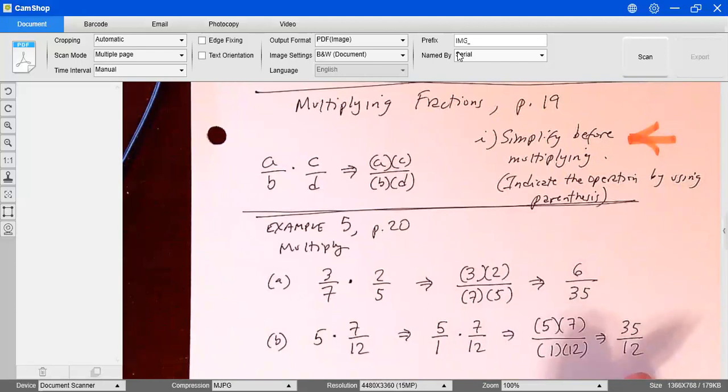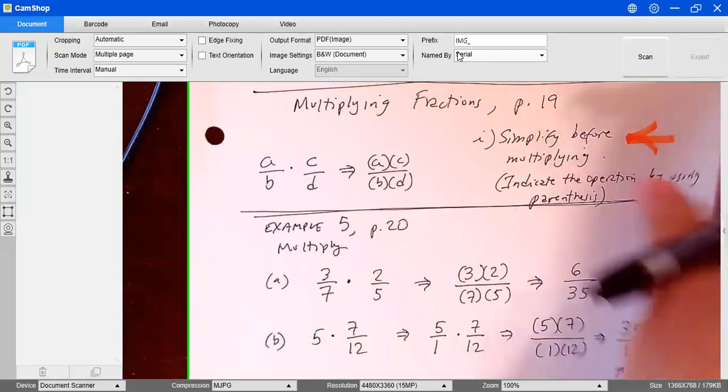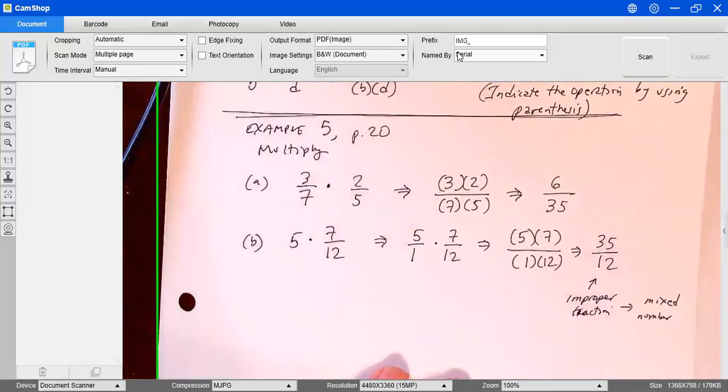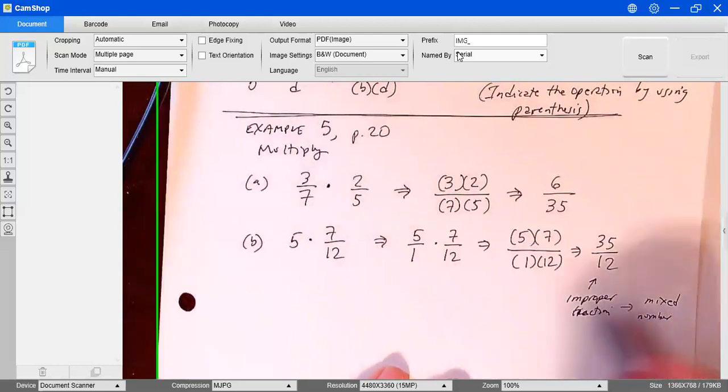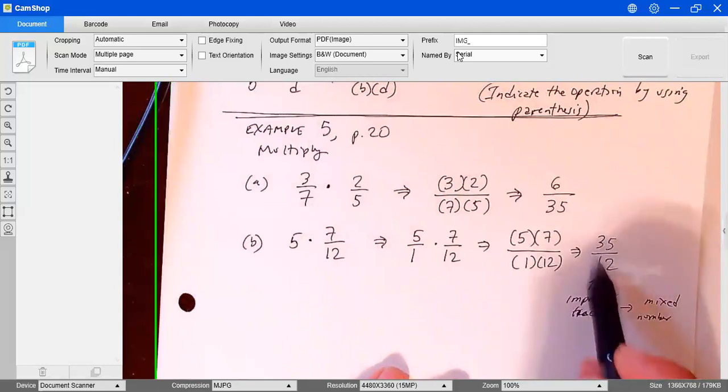The book shows you how to convert this improper fraction into a mixed number. I'm not going to ask you to do that in this course, because for rational expressions, we don't do this operation. Rational expressions ends at this step.